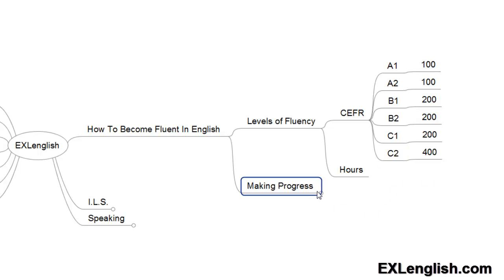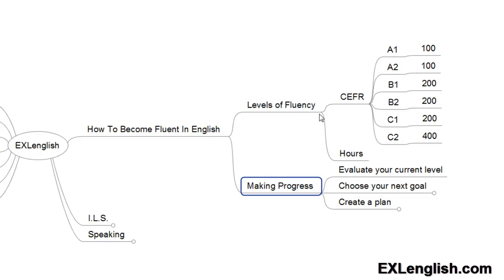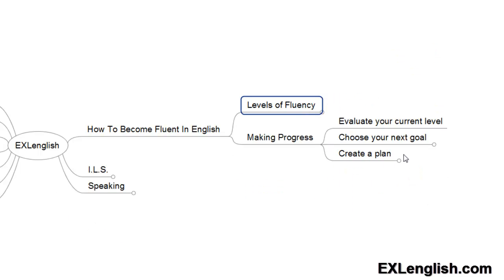Now, in making progress, if you want to see your progress when you're learning, then the first thing you need to do is evaluate your current level. Take some kind of test, get an evaluation, ask a teacher or someone to evaluate your level, or there are even tests that do this online.